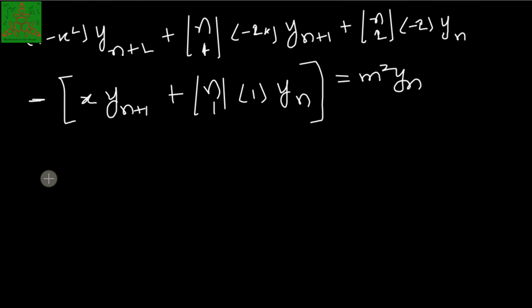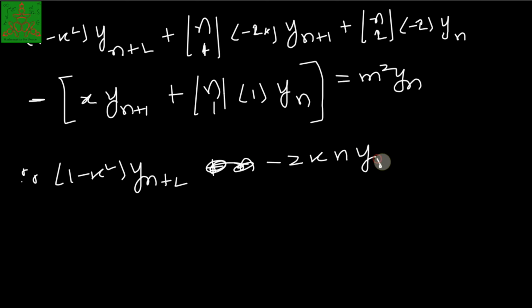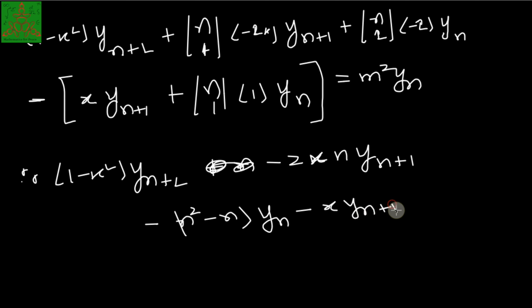And if you simplify this, what we got is (1 minus x square) y(n+2), so I can say it is minus 2x n y(n+1), because nC1 is n. This is nC2 and the 2 will get cancelled, so it is minus n square minus n, yn, minus x y(n+1) minus n yn equal to m square yn. You just see that the minus n yn terms cancel.